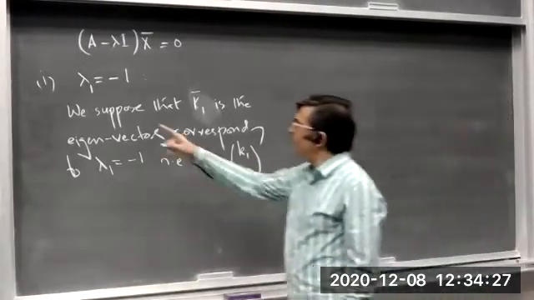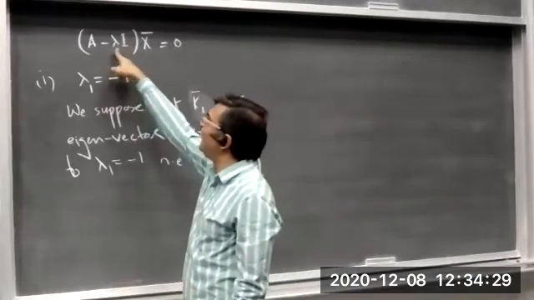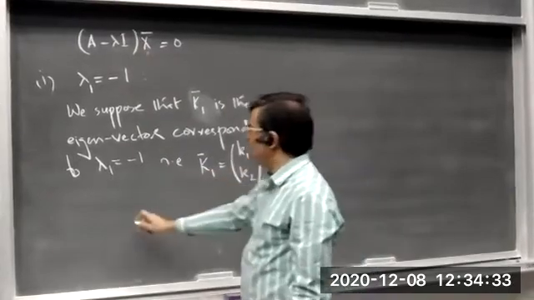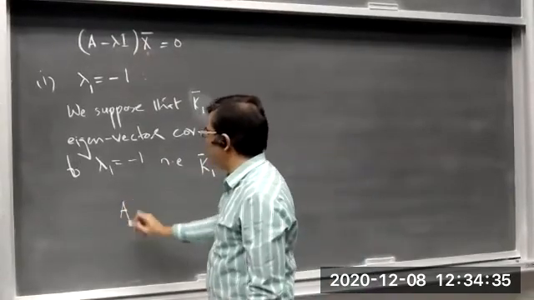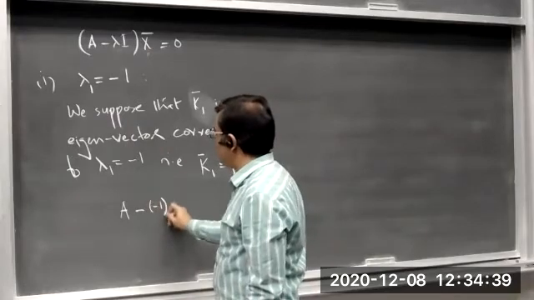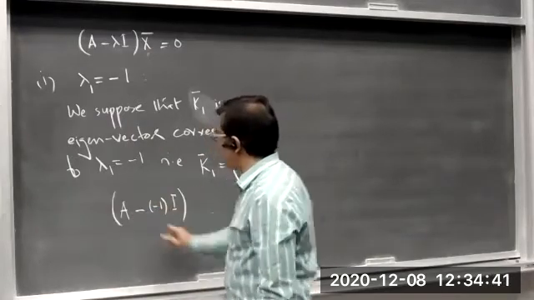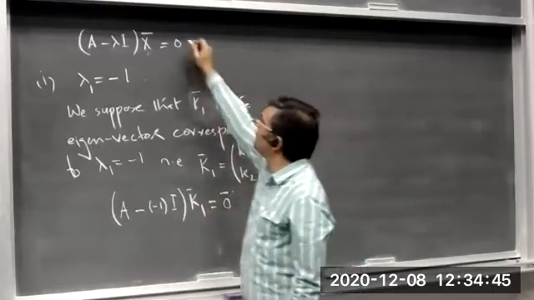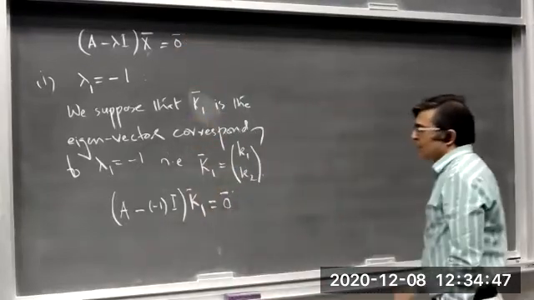Now, if we insert lambda 1 equal to minus 1 here, x should be replaced with k1. So what do we obtain here? (A minus lambda I) times the vector k1 equals the zero vector.